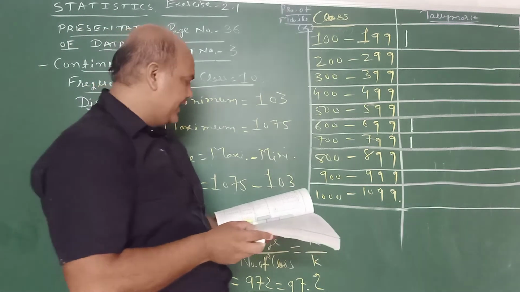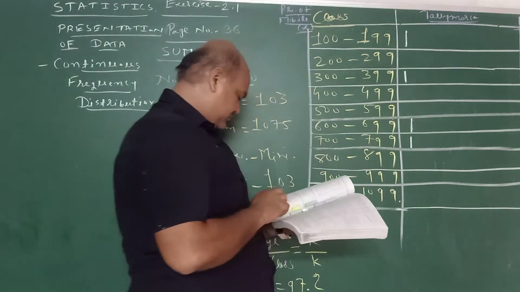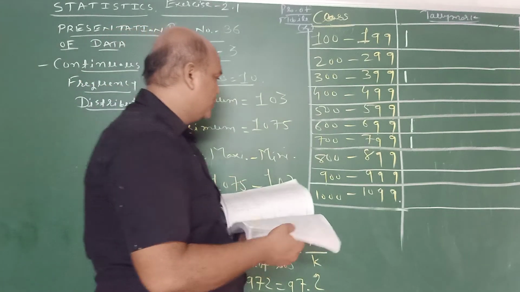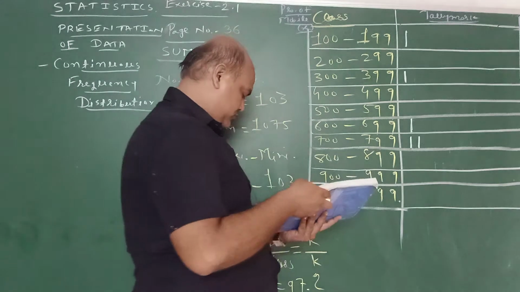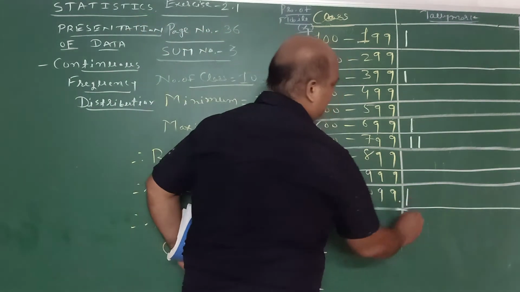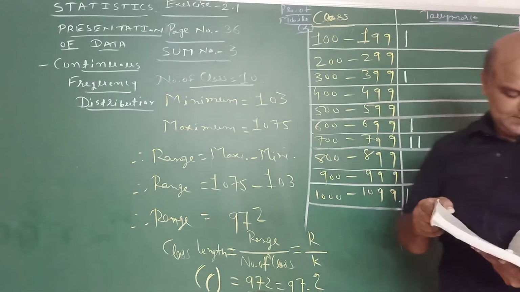Now third is 390, then 752, 1025. First column is over.